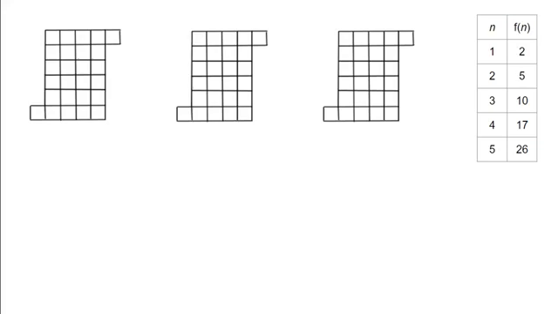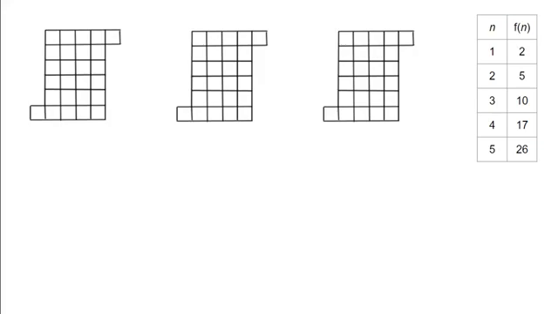So we're asked to try to figure out the pattern or how we could represent the pattern that we're seeing. And there's 3 different ways that I'm going to show you today that we can view these patterns growing.